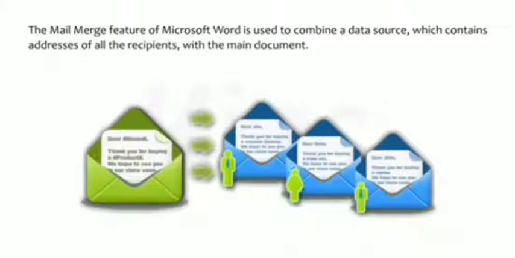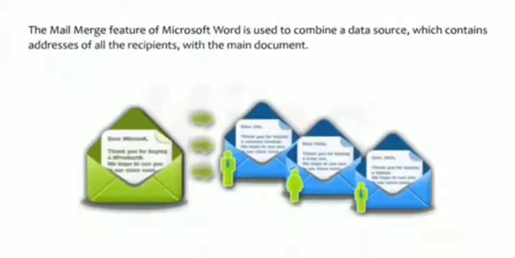First is the data source. Data source is basically a table which will contain all the information of our recipient. Recipient means the person who is going to receive our information or letter. Next is the main document. Main document is the information that we are going to give to all our recipients.